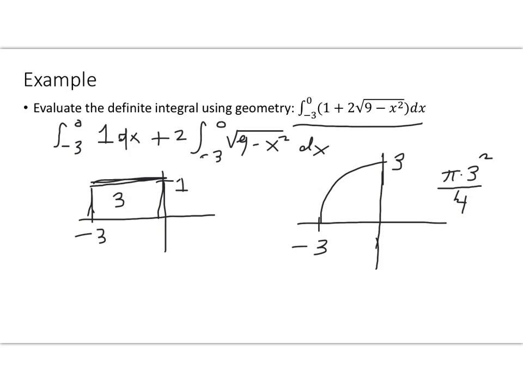And so what we should get as a result is this: the first integral has value 3, because that's the area of that rectangle. Then we take 2 times, where the 2 here is coming from that 2, the area of this quarter circle, which is pi times 9, which is 3 squared, divided by 4.